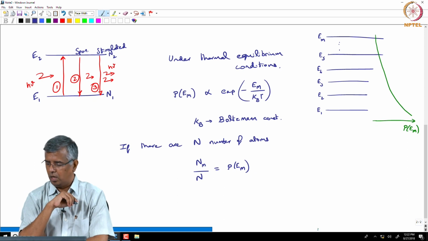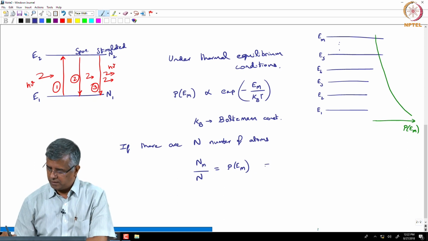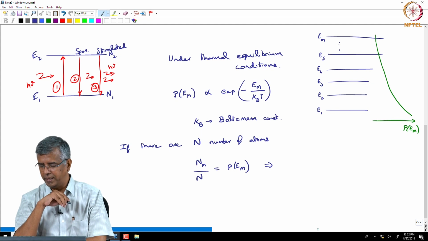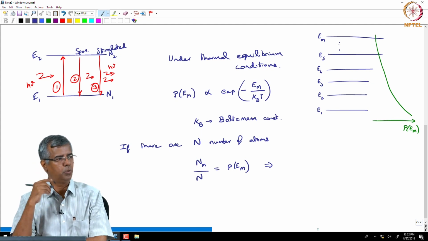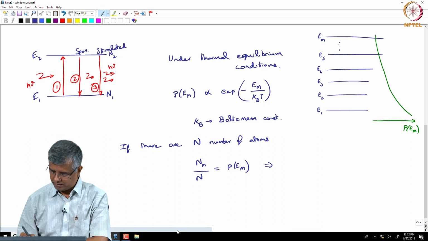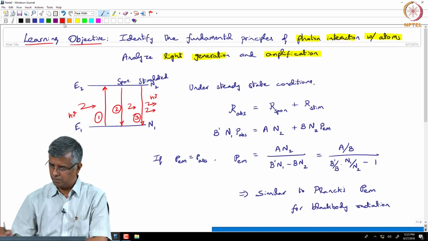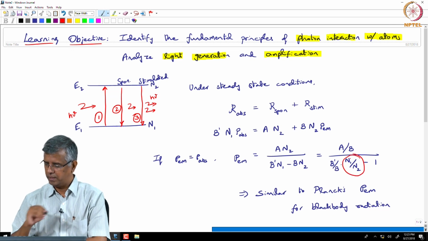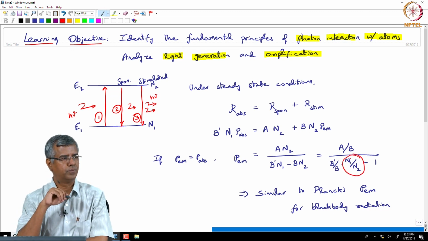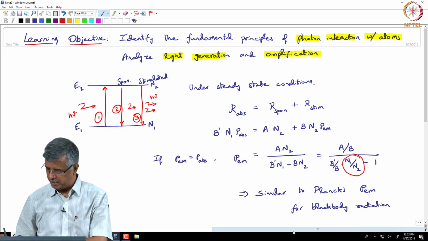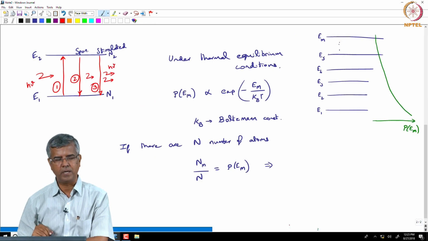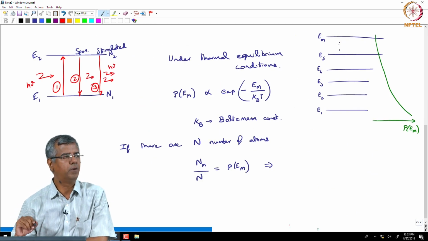And this implies that if you are looking at the relative numbers between two energy levels, why are we interested in that? Because here we have a factor N1 over N2. So, we want to see under thermal equilibrium conditions what will be N1 over N2.